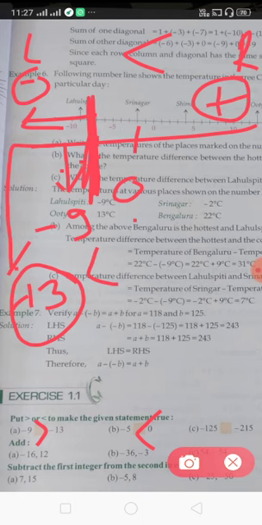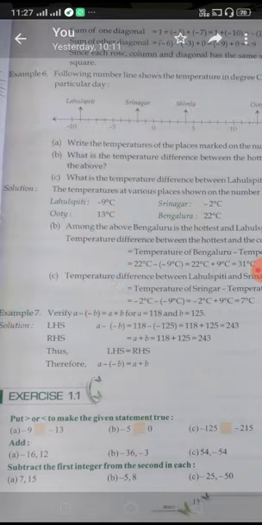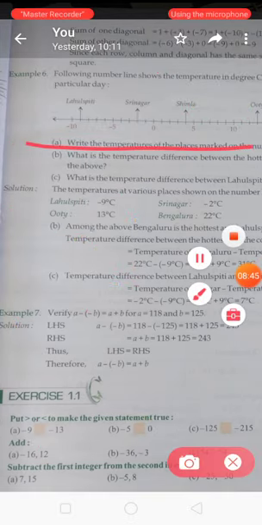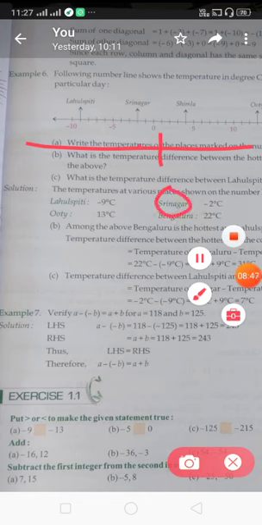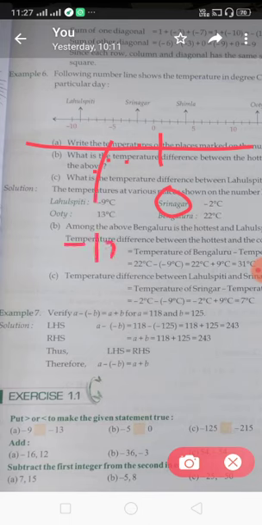Similarly here, minus 125 and minus 215 on the number line. This is 0. Here 1, 2, 3, 4 and so many come, and minus 125. And after minus 125, here comes minus 215.